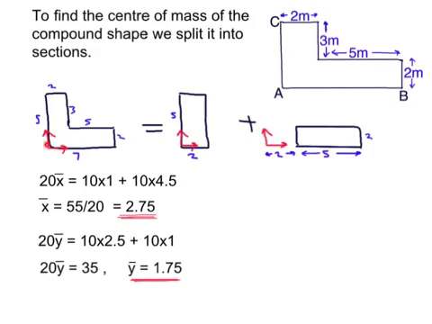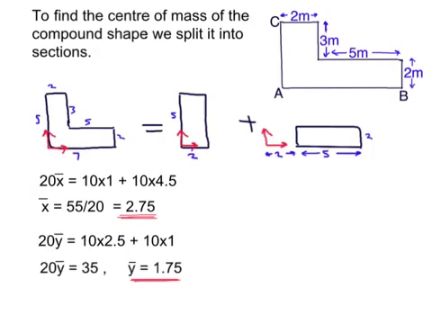So you include this whole distance, so that's 2.5 plus 2 is 4.5, okay? Because you're looking at the moment of the centre of mass of that along this line, which is this distance times its area. Working it all out, we get x bar is 2.75.